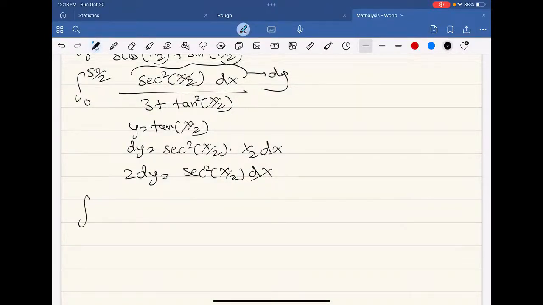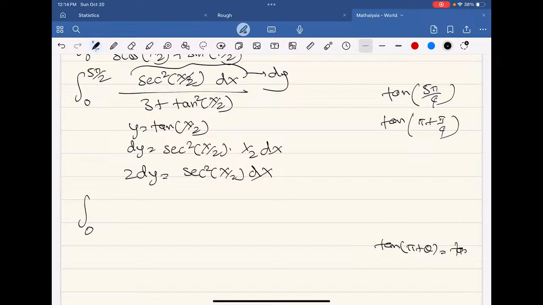So tan 0 by 2 is just 0 and tan 5 pi by 4, this is just tan of pi plus pi by 4. We know that tan of pi plus theta is just tan theta, because this lies in the third quadrant where tan is positive, right? So this is just tan pi by 4, which is just 1.